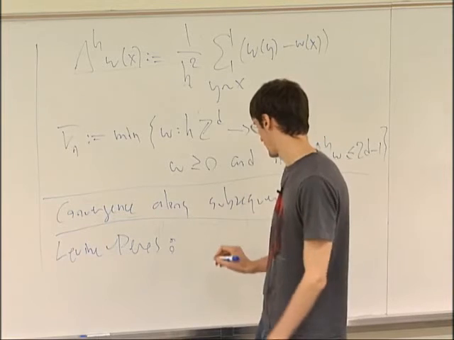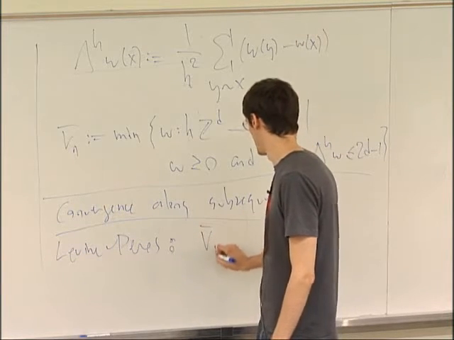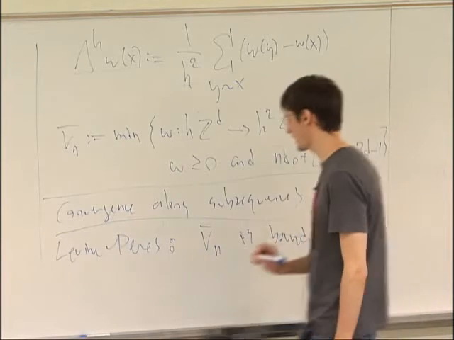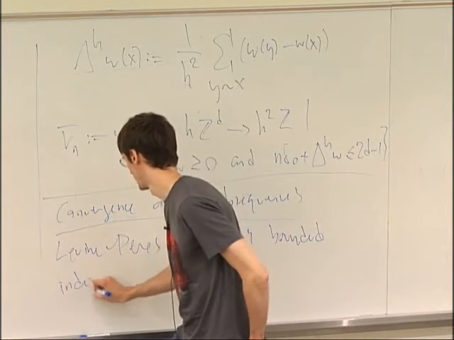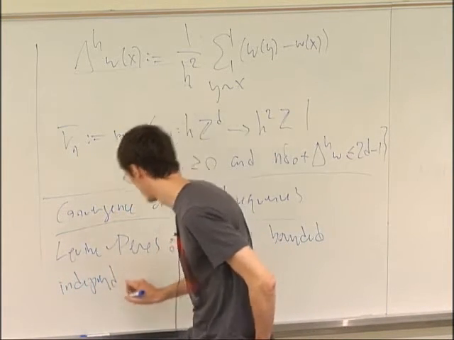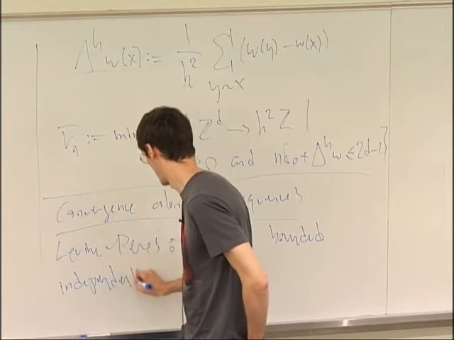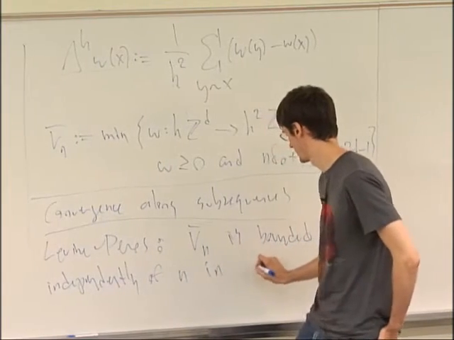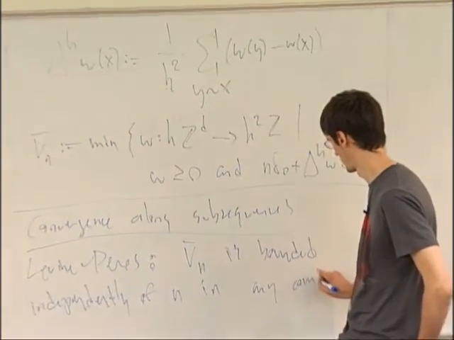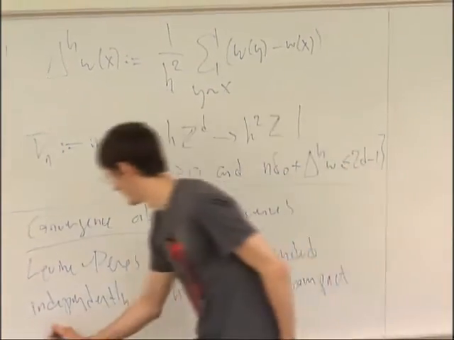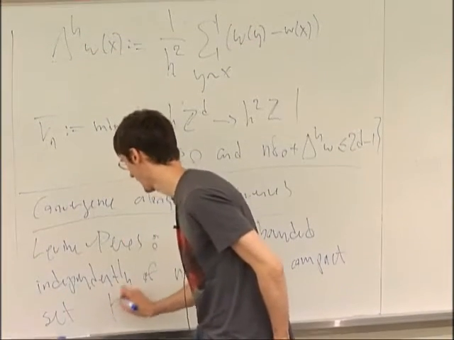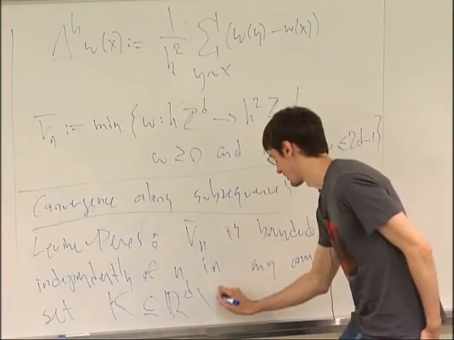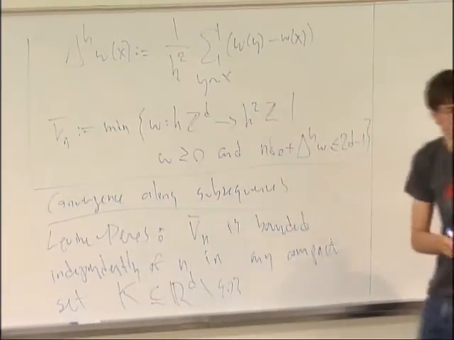What they showed is that Vn is bounded independently of n in any compact set K that doesn't contain the origin, so any subset of R to the d minus the origin.